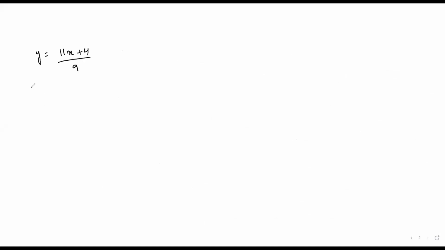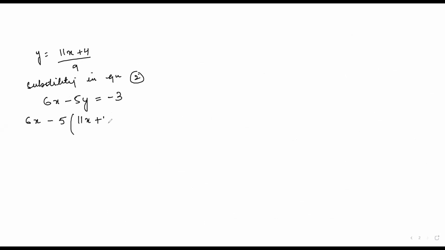Okay, now what is equation second? Substituting in equation second, what is the equation, Harsha? 6x minus 5y is equal to minus 3. Okay, let us substitute y here. So 6x minus 5 into (11x + 4) divided by 9 is equal to minus 3.